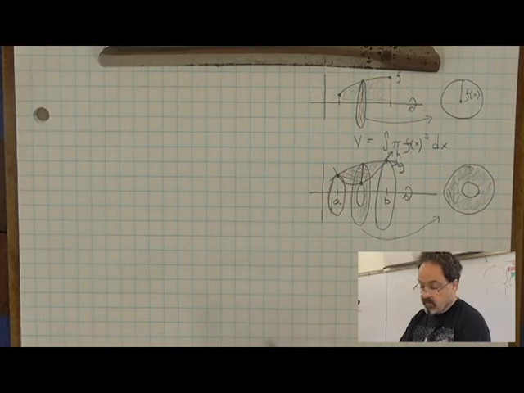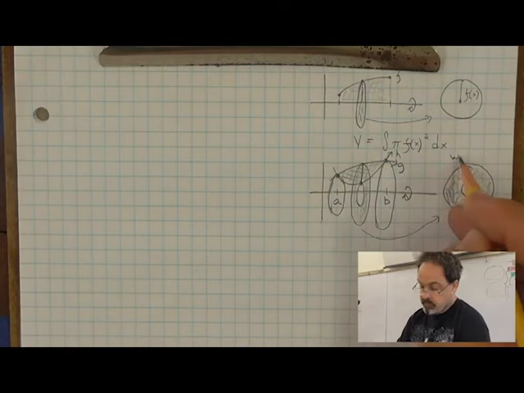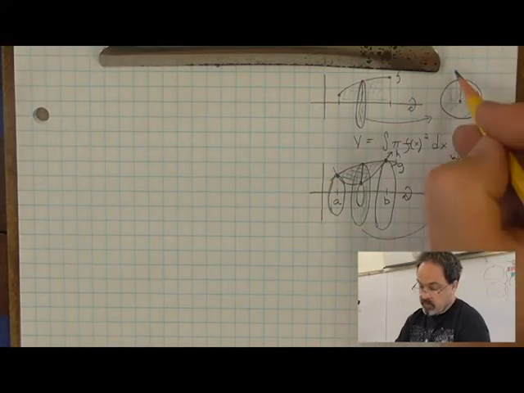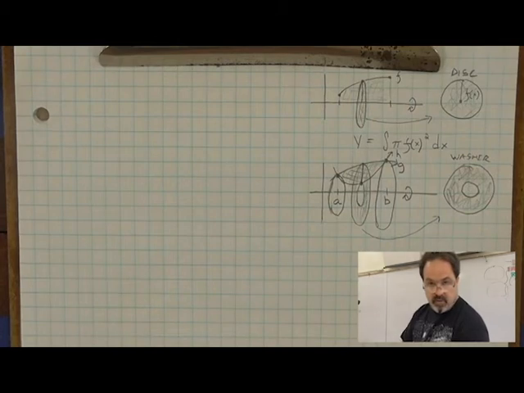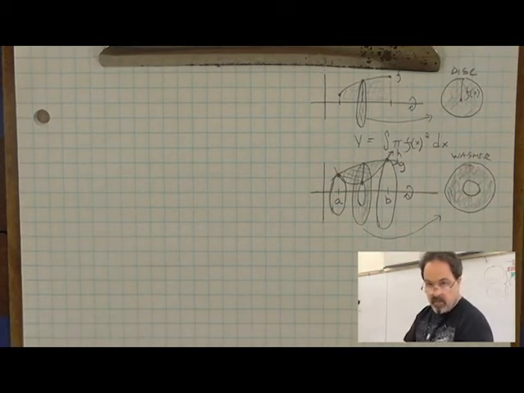This is not a disk because it has a hole in it. We call this a washer, like the building material. And the circle that's filled in from the previous is called a disk. It just describes the kind of shape and the kind of slices that we're going to add together.